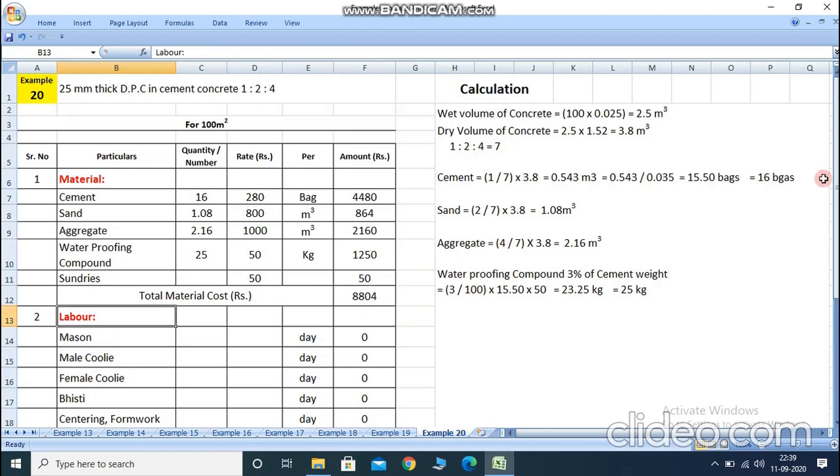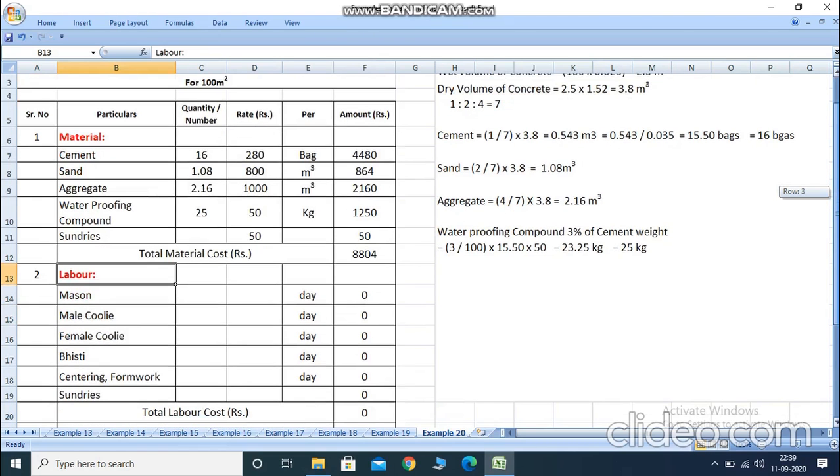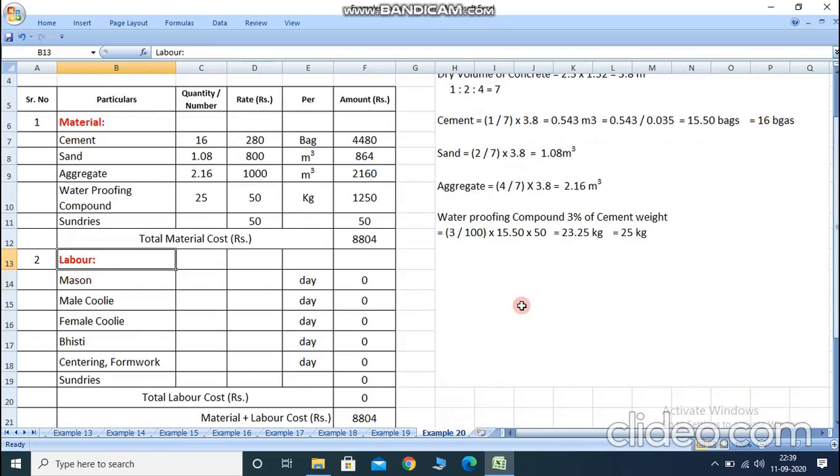So here the labor required is mason, male coolie, female coolie, bisti and a centering and formwork person. So here 8 masons are required, male coolie 5, female coolie 5 and bisti 2, and for centering we take a lump sum amount of 500 rupees.